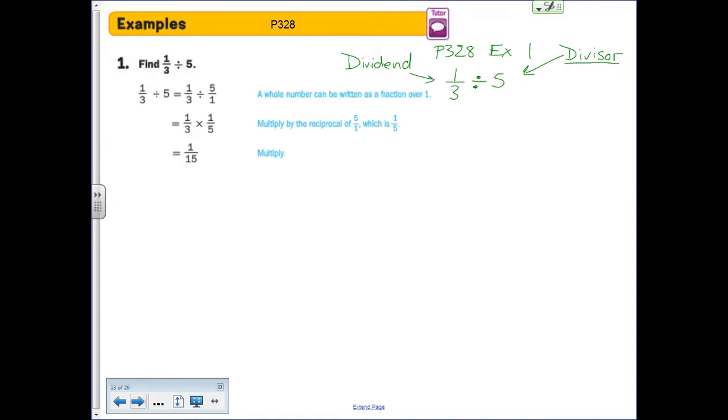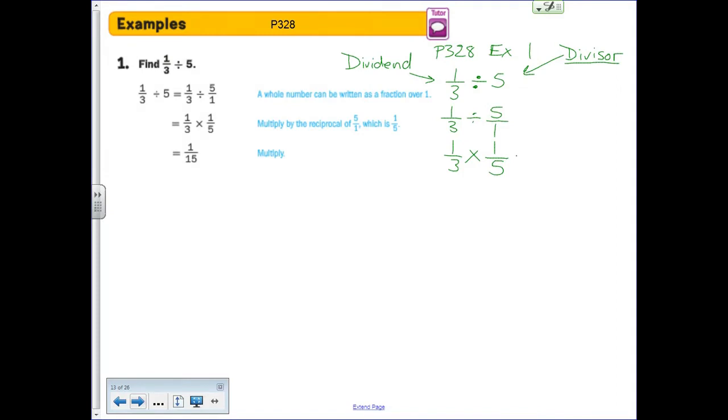To divide, we will actually first change this to 1/3 divided by 5 over 1. Just like with multiplication, we need to change all whole numbers to fractions. Then we are going to keep the dividend. We are going to change division to multiplication, and we are going to flip the divisor to its reciprocal and make it 1 over 5.